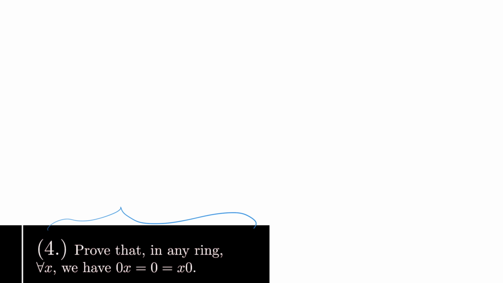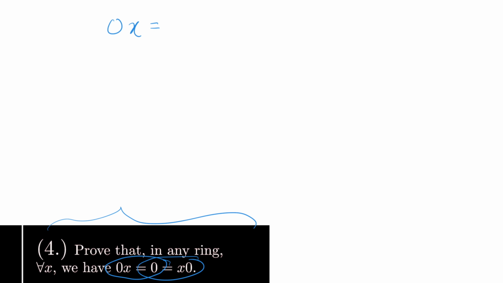And so we're going to prove that 0x equals 0, and that's the only part of it I'm going to prove. I'm going to leave it to you to reproduce the same basic idea to show the same thing when it's flipped around. But here I'm just going to show the left equation. And so I'm going to start from 0x.